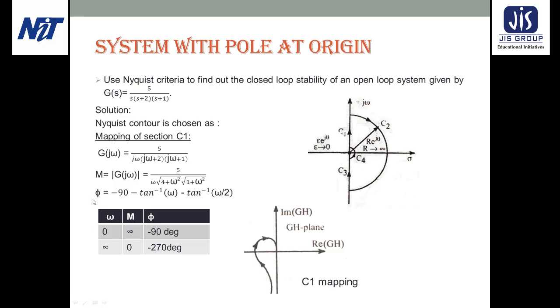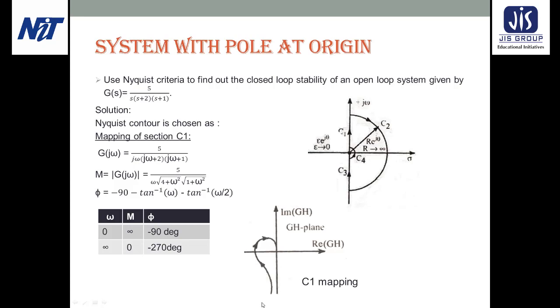Here also we vary omega from 0 to infinity. When omega equals 0, the magnitude becomes infinite and the phase angle is minus 90 degrees. When omega is infinite, the magnitude is 0 and the phase angle is minus 270 degrees.